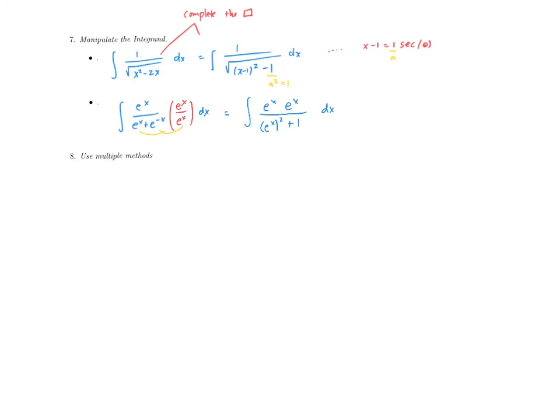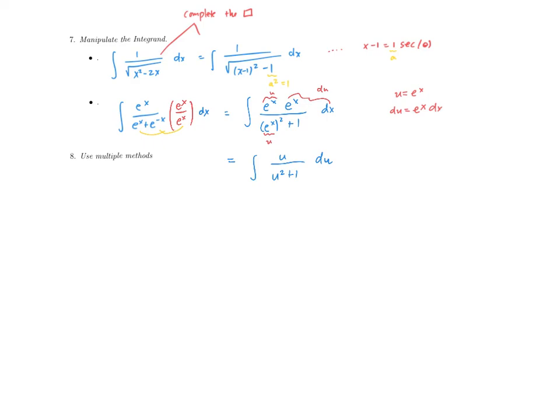And now this is a, hopefully, much more familiar looking antiderivative, in the sense that we might see a u, and if e to the x is equal to u, du is e to the x dx. So we have du, and then an extra u. So very quickly, we have a very reasonable antiderivative to evaluate.